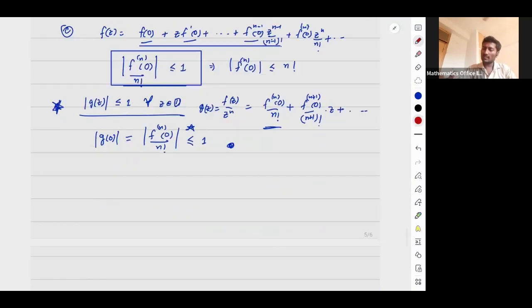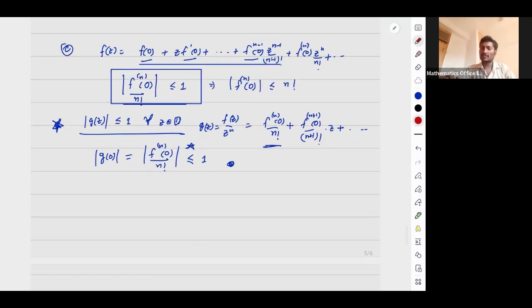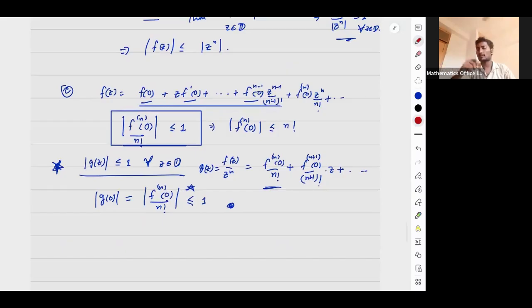We have considered g of z equal to f(z) divided by z to the power n.